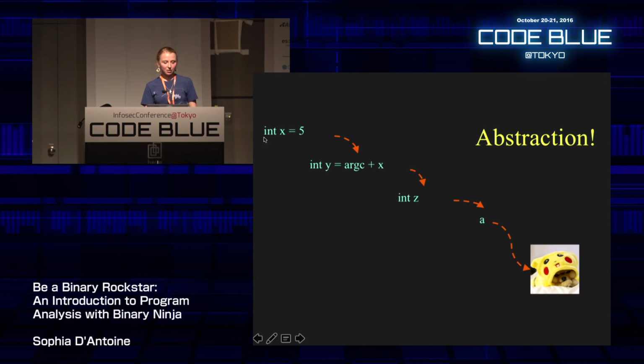So this is a little diagram of how when Binary Ninja or IDA loads a program, and you're looking at the program, you're 10 functions deep, you start to lose details or information about specific variables. So here, as we're walking through the program, we may know all of these things at the beginning about variable x and variable y. But by the time we get down here, we know nothing about a except that it's a variable. So obviously we're very sad.